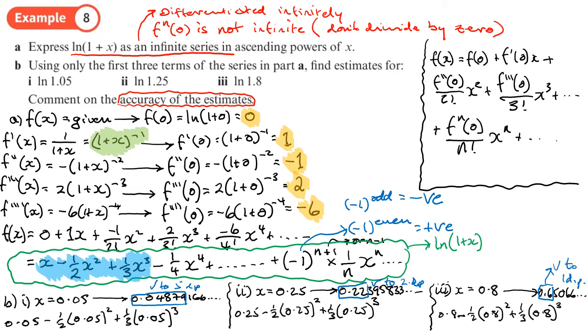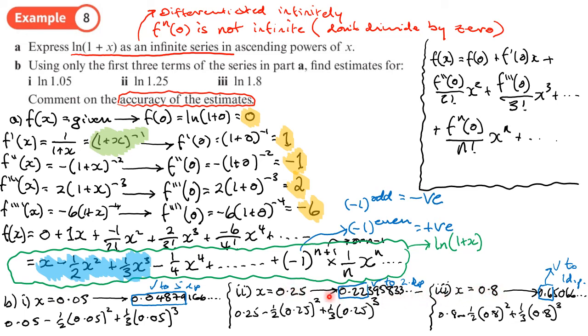Now this should show you something: the closer that x, or what's in the bracket, is to 1, or -1, sorry, the closer to 1 this is, the better our estimate. Here x was small, here x was a bit bigger, here x was bigger still.